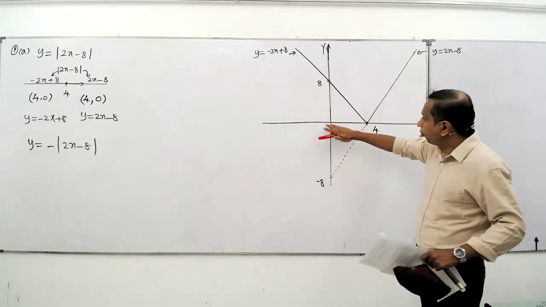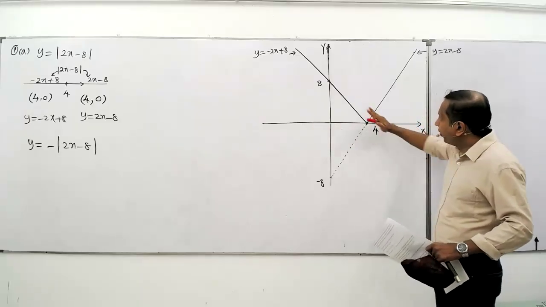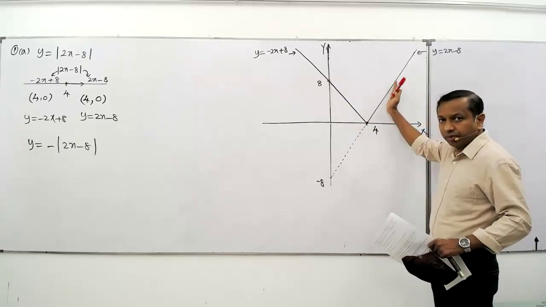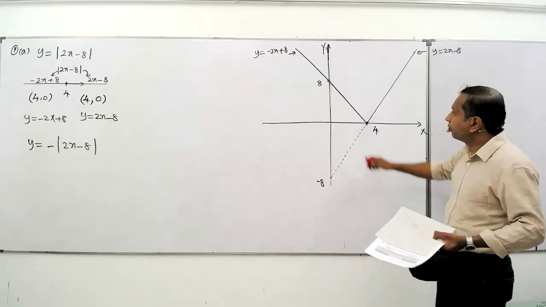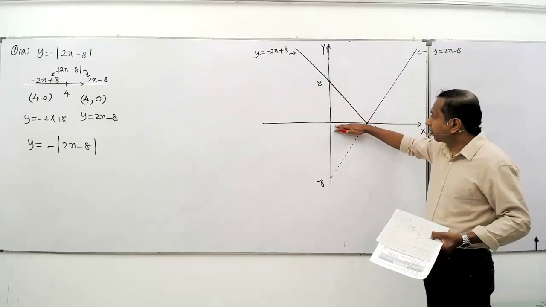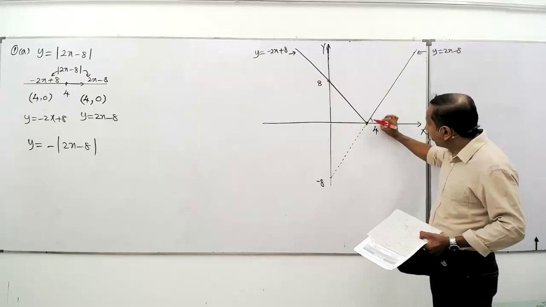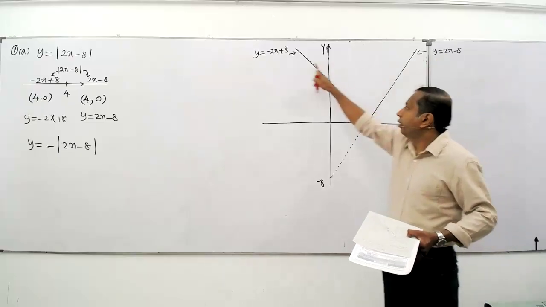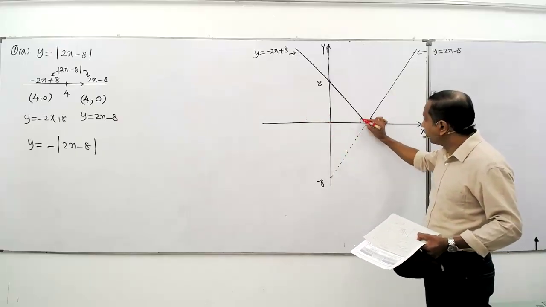Right? That means, assume this x-axis as a mirror, then you must draw the image of this, the image of this. Then you can very clearly understand the image through the x-axis is going to be this. This angle and this angle are equal. Listen, here the gradient is 2, here the gradient is minus 2. Therefore, these two angles are equal.